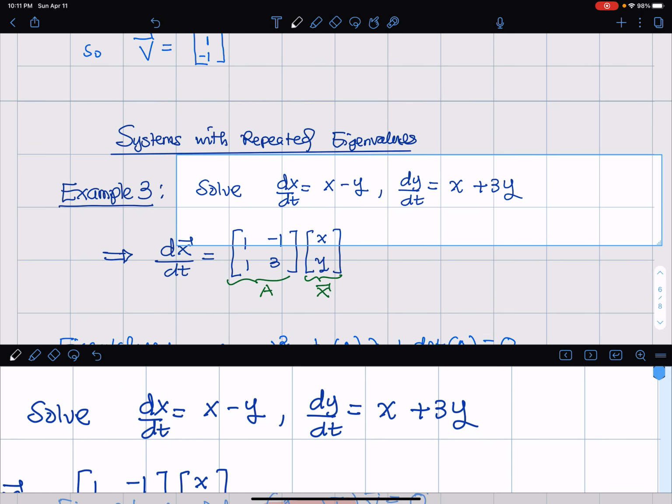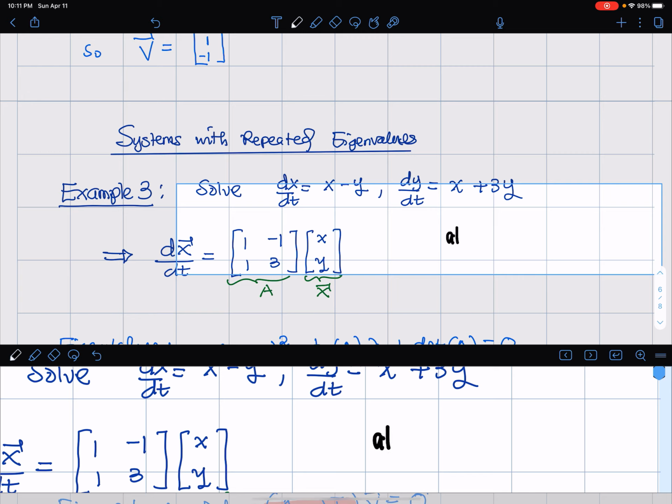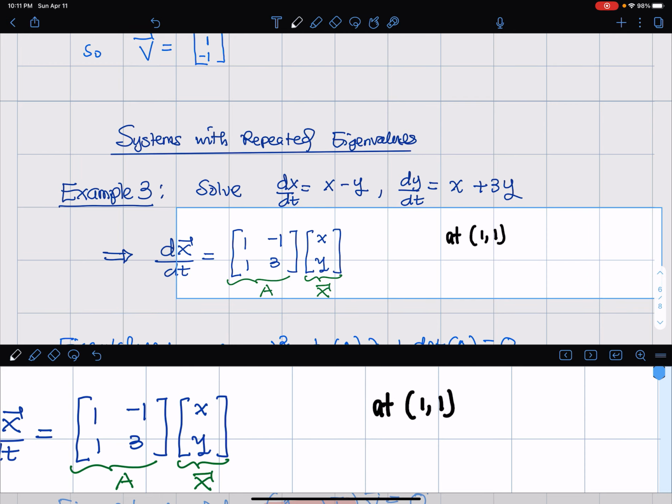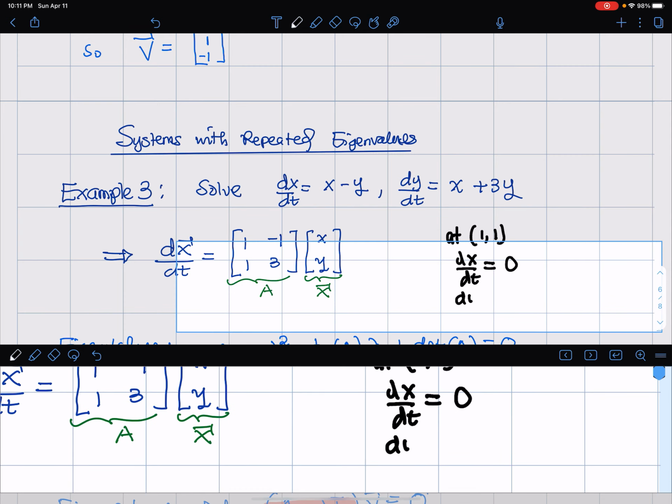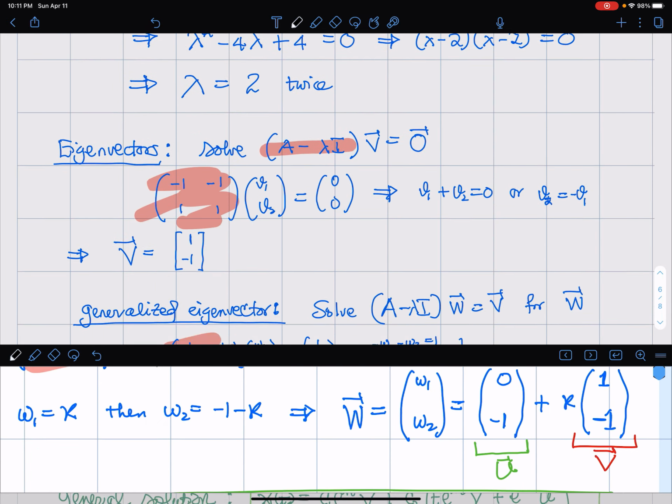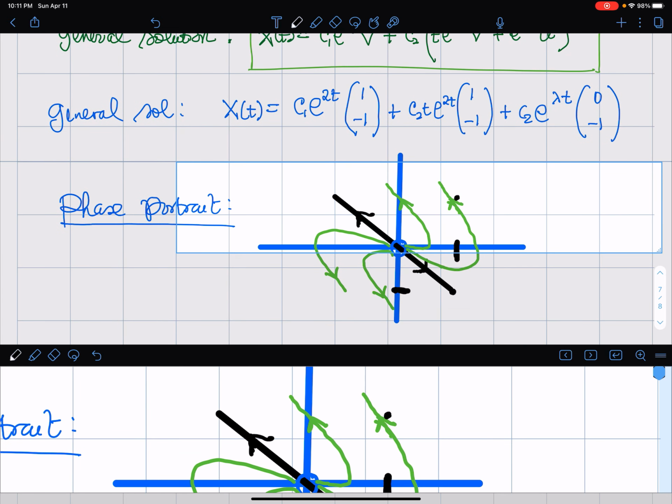So at x1, y1, dx dt is actually 0. Dy dt is equal to 4. So what does that mean? 0 and 4. That means that x is not increasing, but y is increasing at the rate of 4.